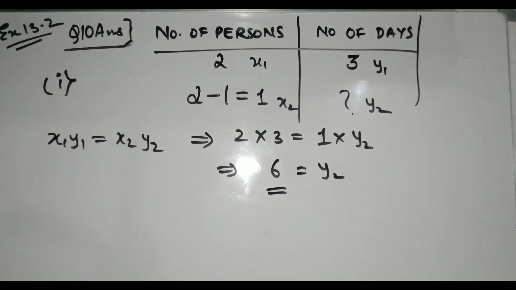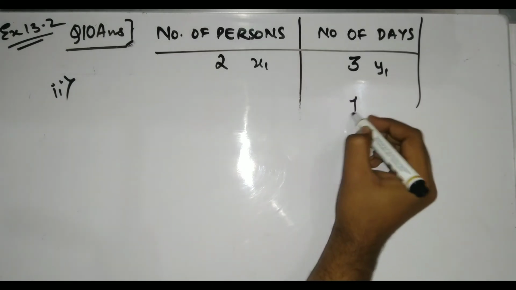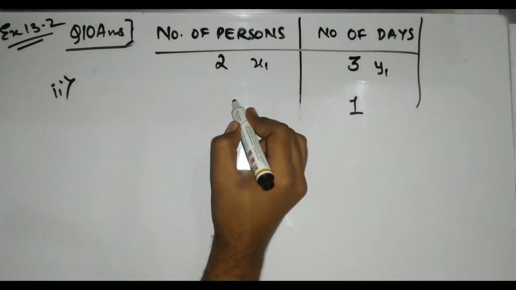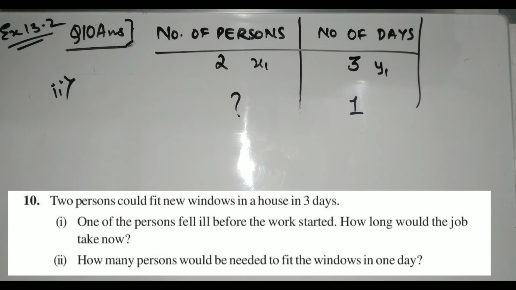So let us move further to the second part of the question. It says how many persons would be needed to fit the windows in 1 day. Now the reverse is happening. For 1 day, how many persons are required for completing that job?